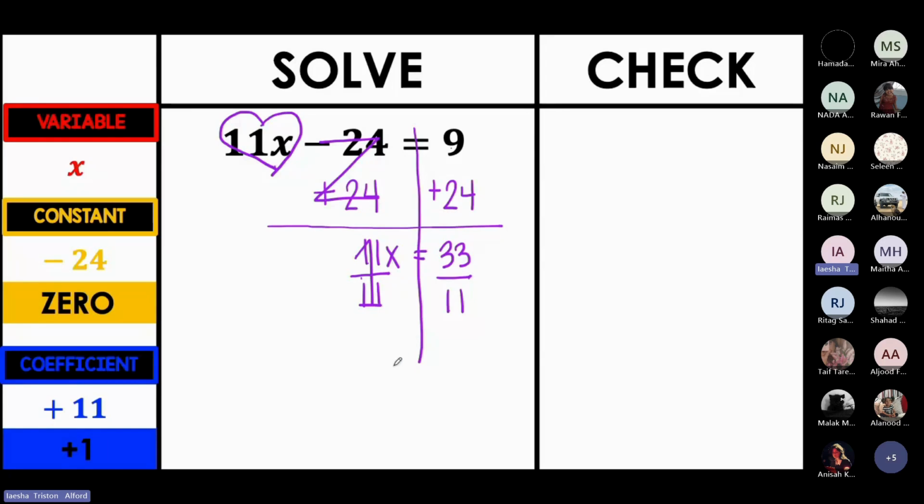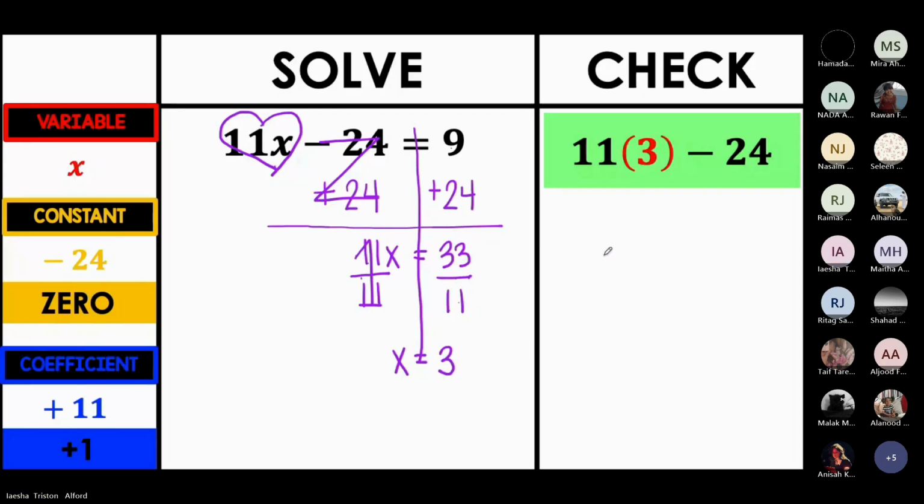The x, keep it down. The equal, down. Positive 33 divided by positive 11 is positive 3. If you want to check, do not write x, put parentheses and put positive 3 inside. Everybody okay with that one? Yes. Okay.